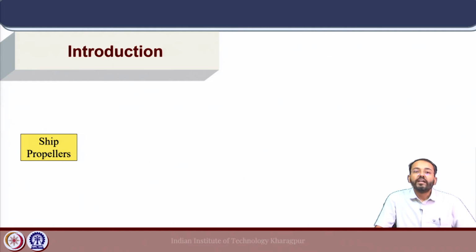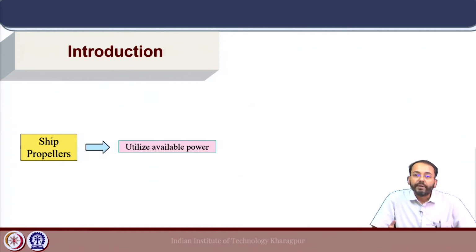So, if we look into ship propellers, their main function is to utilize the available power which is delivered from the engine and develop the thrust required to propel the vessel forward. That is the main purpose of ship propellers.